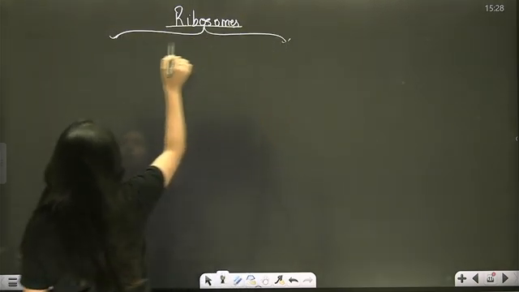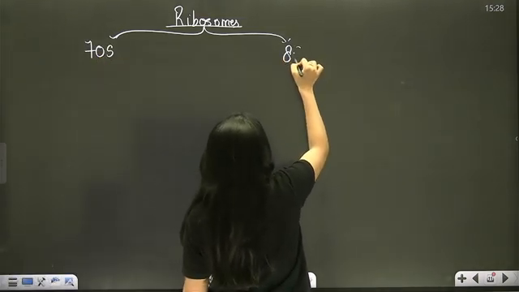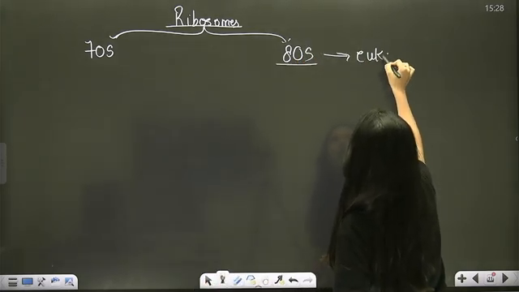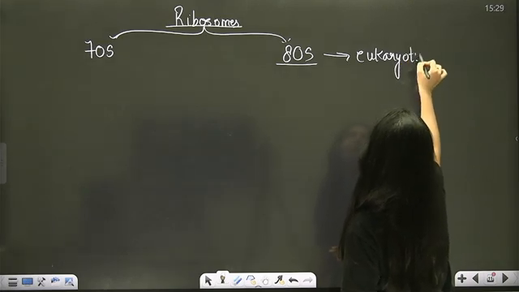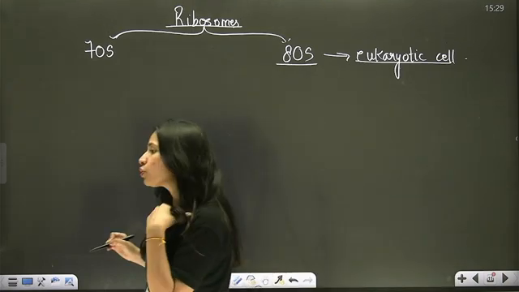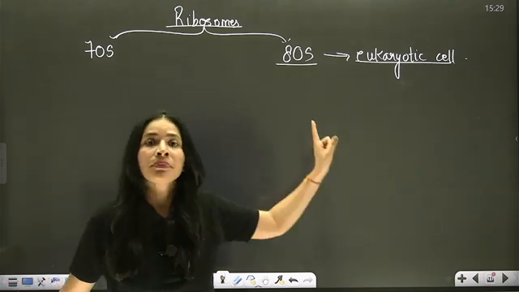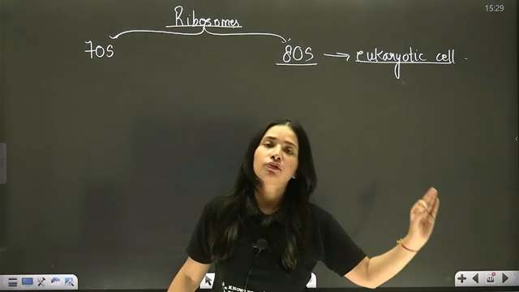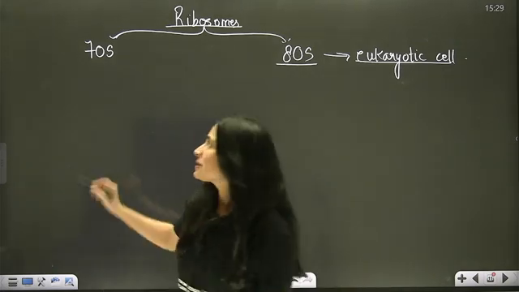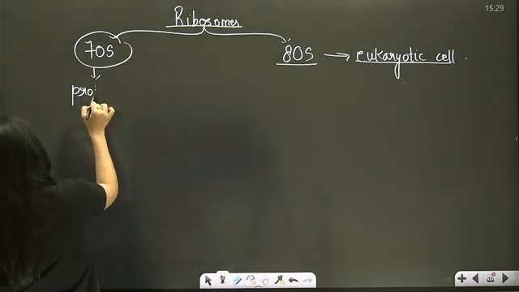The two types of ribosome are 70S and 80S. 80S are exclusively found only in eukaryotic cell. Right? So the 80S type of ribosome is exclusively found in eukaryotic cell, whereas the 70S type of ribosome is found in prokaryote.